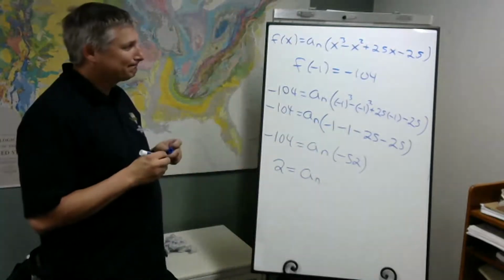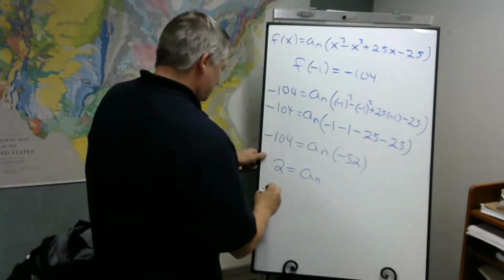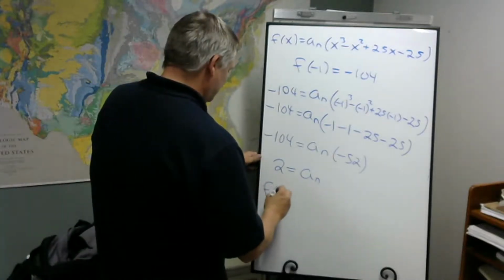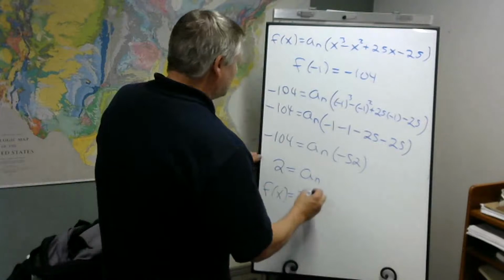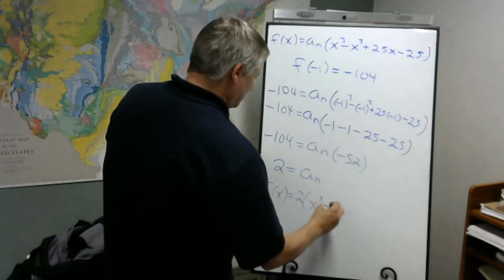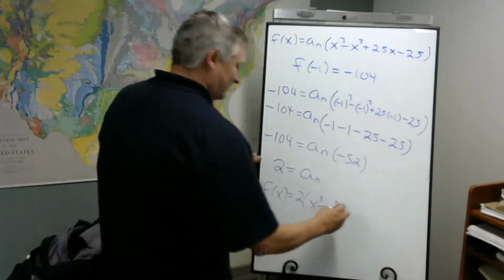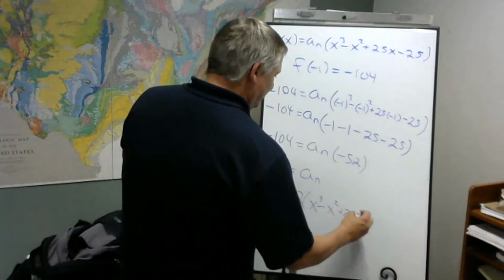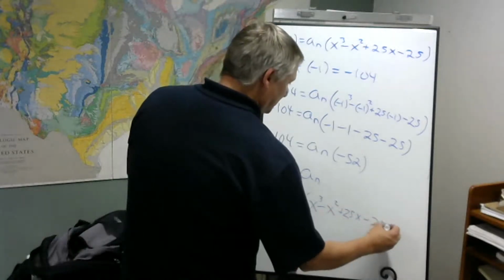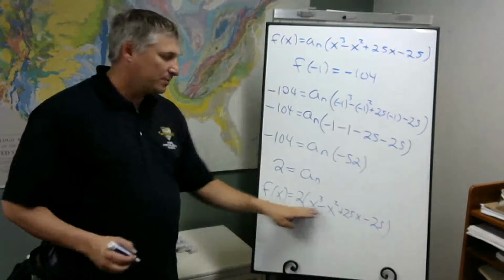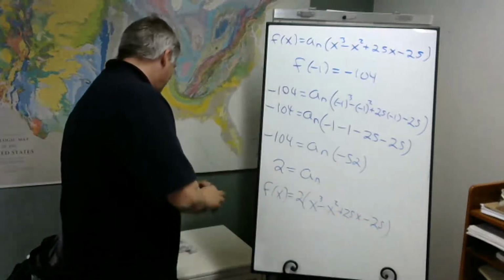equals a sub n. So that means f of x is 2 x cubed minus x squared plus 25x minus 25. And we distribute that 2 through.